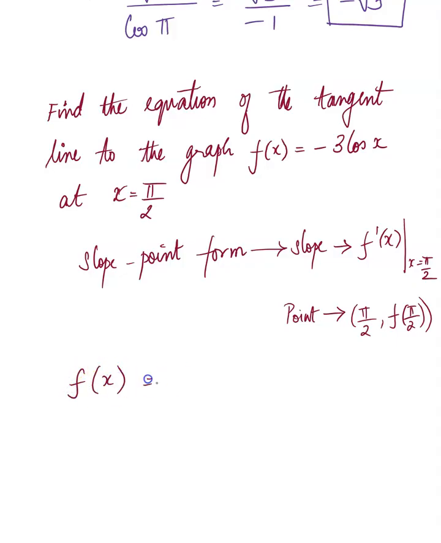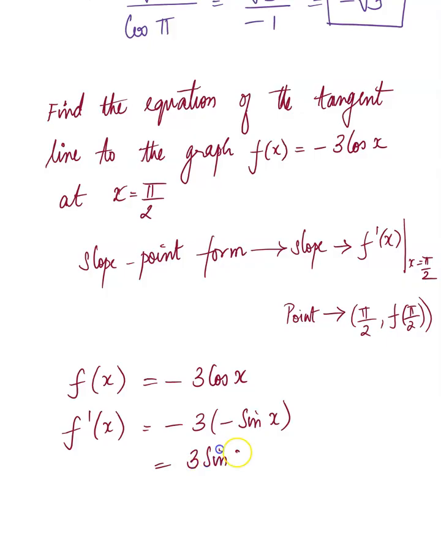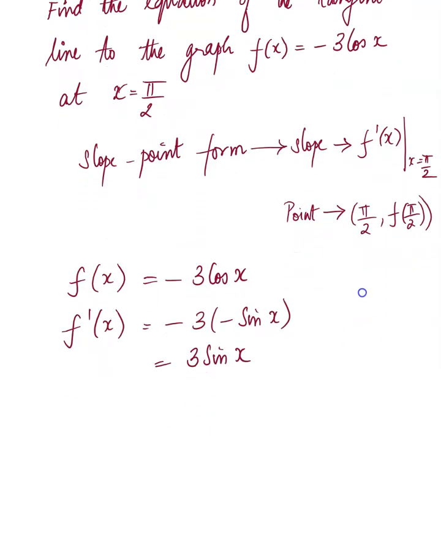So I first write f of x as negative 3 cosine x. And f prime of x will be negative 3, and the derivative of cosine x is negative sine x, which is going to be 3 sine x. And we need to find the slope at this point, f prime of x at x equals pi over 2.